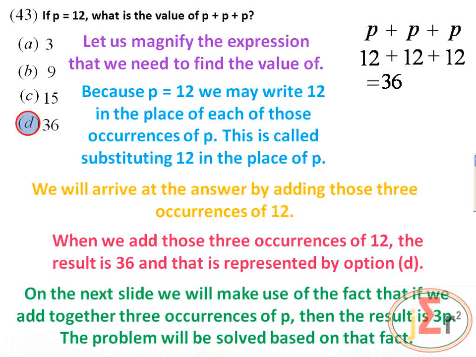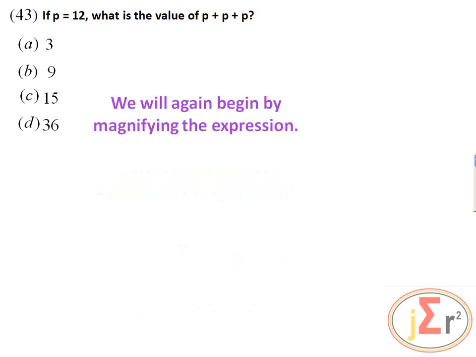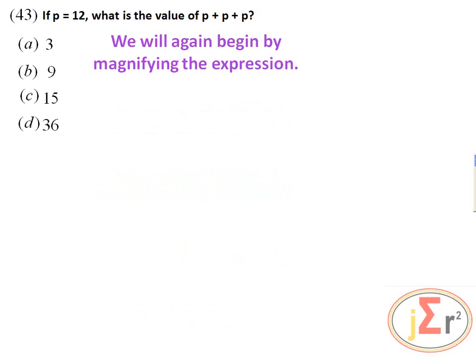On the next slide, we will make use of the fact that if we add together three occurrences of p, then the result is 3p. The problem will be solved based on that fact. We will begin again by magnifying the original expression.